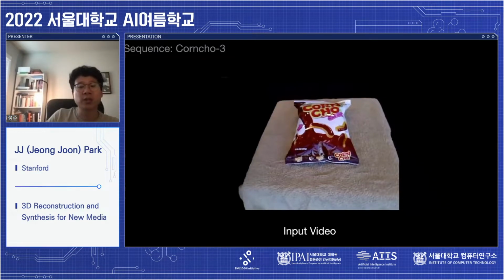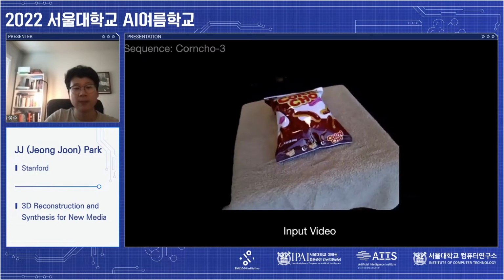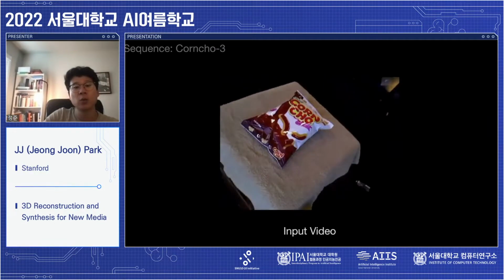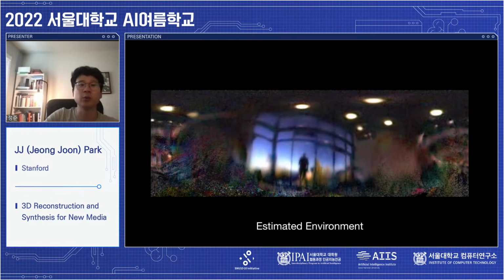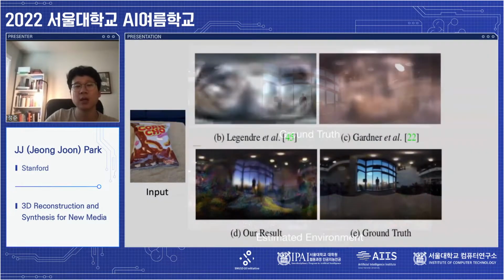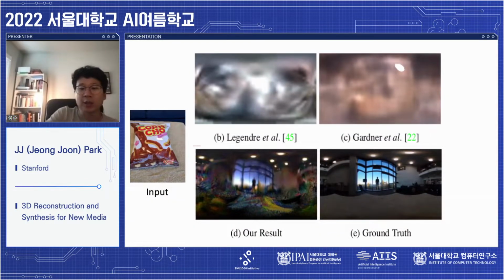Our method works especially well when there is strong lighting in the environment, which you can see in this example, where you can see a person's silhouette that closely matches the ground truth. Compared to state-of-the-art lighting estimation methods, our method provides much more detailed reconstruction because we combine physical and neural rendering reasoning in our pipeline.